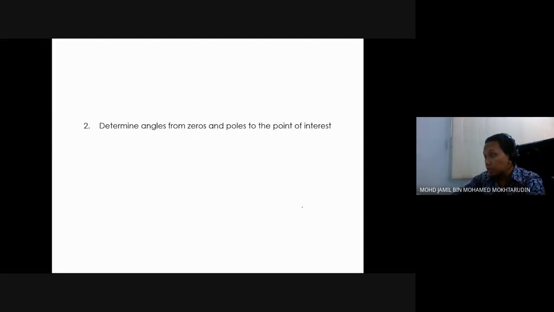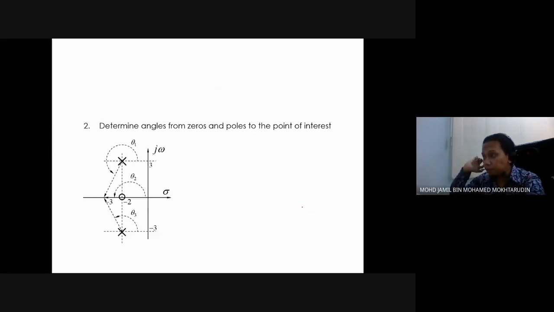After that, you determine the angles from zeros and poles to the point of interest. First you draw the lines that connect the poles and zeros to the point of interest. For example, for θ1, you draw a line that connects this pole to minus 3.